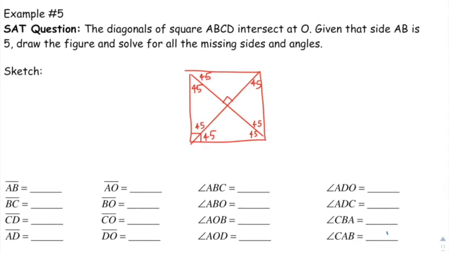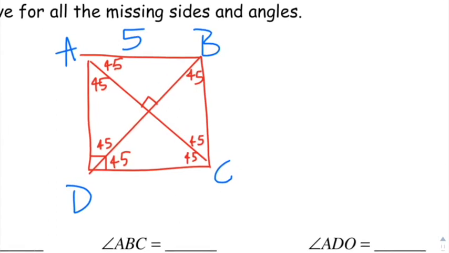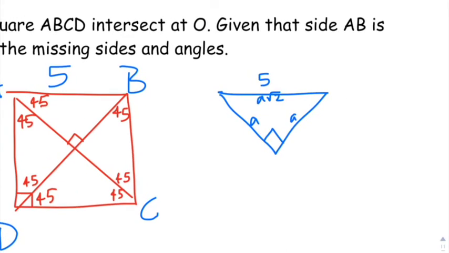And then your side lengths, let's see here, I need to label my sides. So A, B, C, D. And then this side here is going to be 5. All right, and then you have a 45, 45, 90 triangle going on here. So if that side is 5, you have your a, a, and a square root of 2 sides. So then you can go find those little miniature parts of your diagonals. So check this out here.